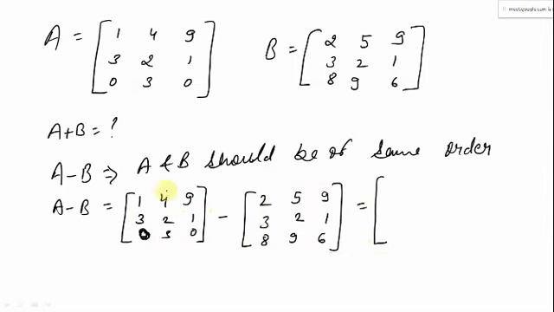So in the same manner, 1 minus 2 negative 1, 4 minus 5 negative 1, 9 minus 9 0, 3 minus 3 0, 2 minus 2 0, 1 minus 1 0, 0 minus 8 negative 8, 3 minus 9 negative 6, and 0 minus 6 negative 6. Is it clear? Yes, sir.